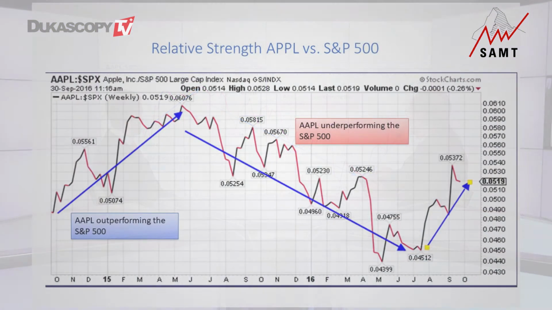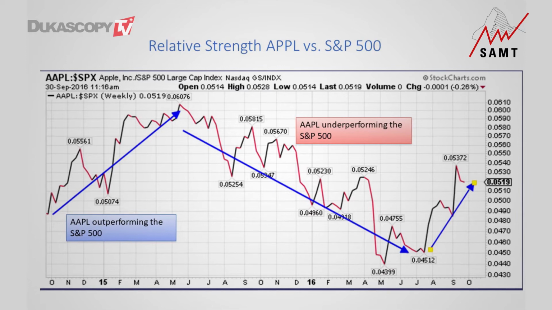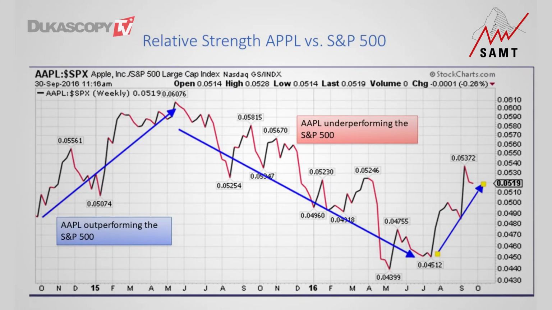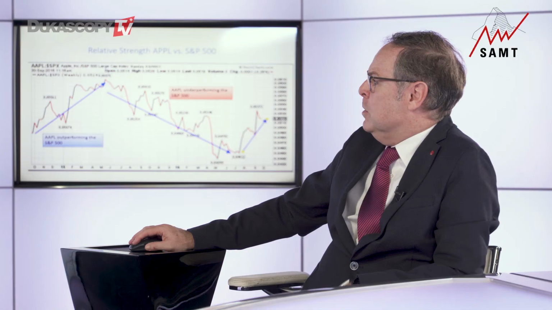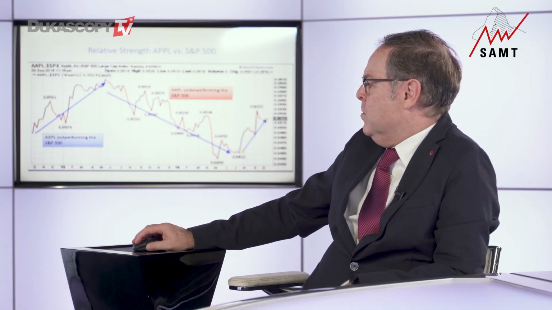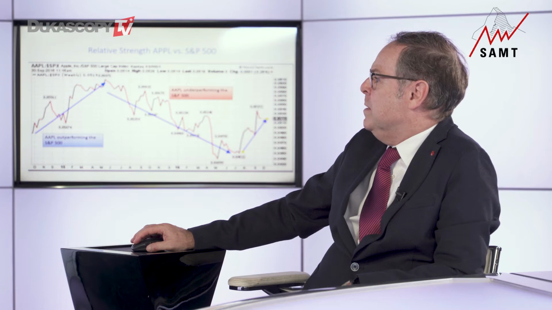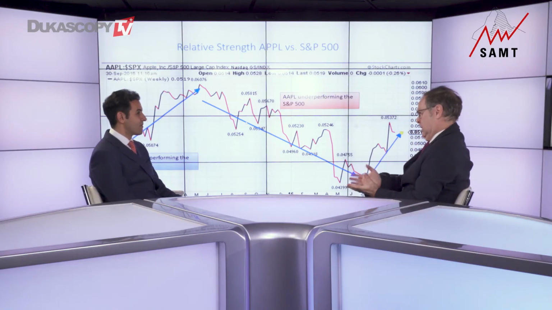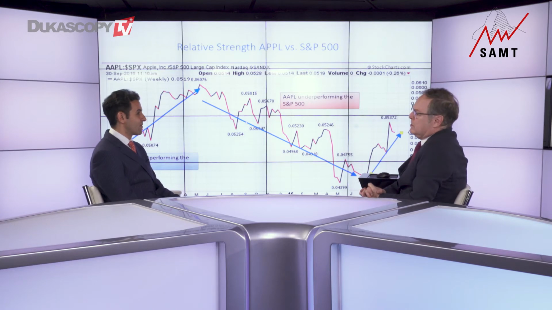So we can see when Apple is outperforming the market relative to the S&P, and when Apple is no longer outperforming the market. We can use this information in complement to the fundamental analysis to make our decisions. It gives another dimension. Absolutely, to the market move, but also maybe a lead signal sometimes.